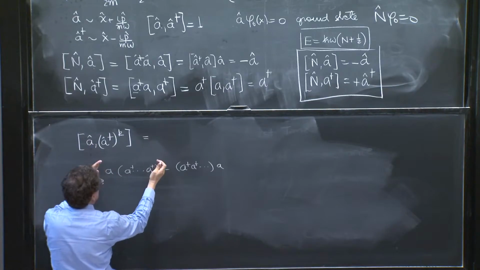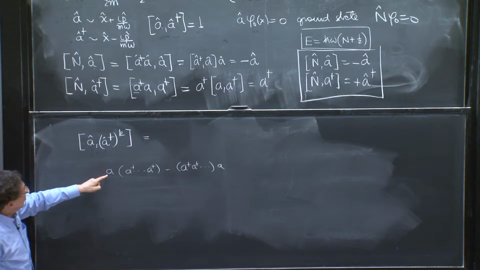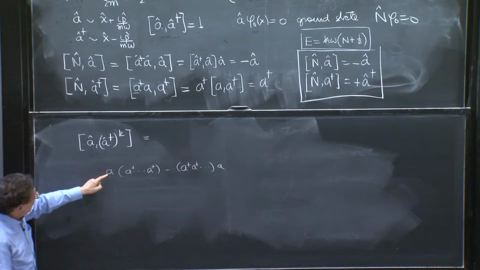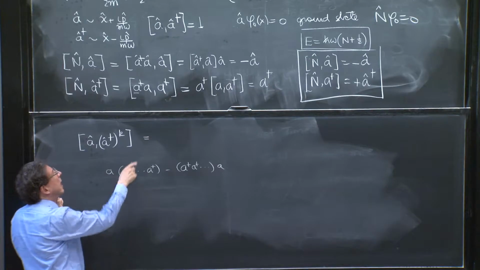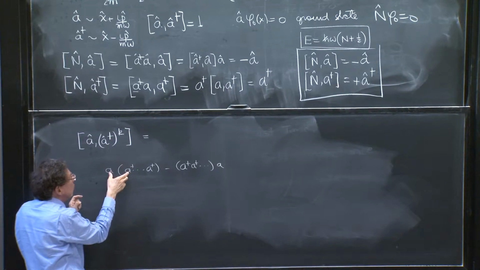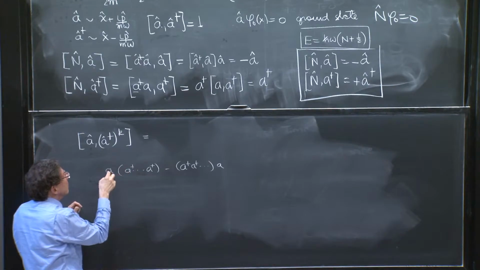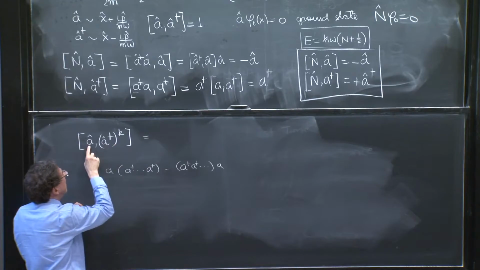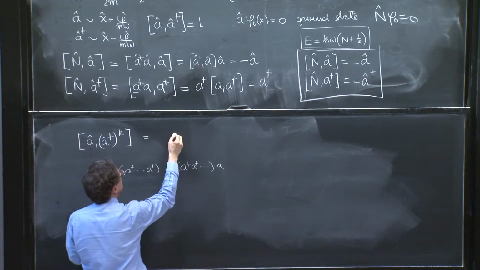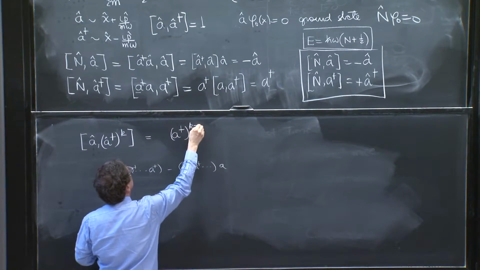Each time you move an A across an A dagger, you get this factor of 1, and you kill the A and one A dagger. So this answer will not have an A, and it will have one less A dagger: A dagger to the k minus 1.